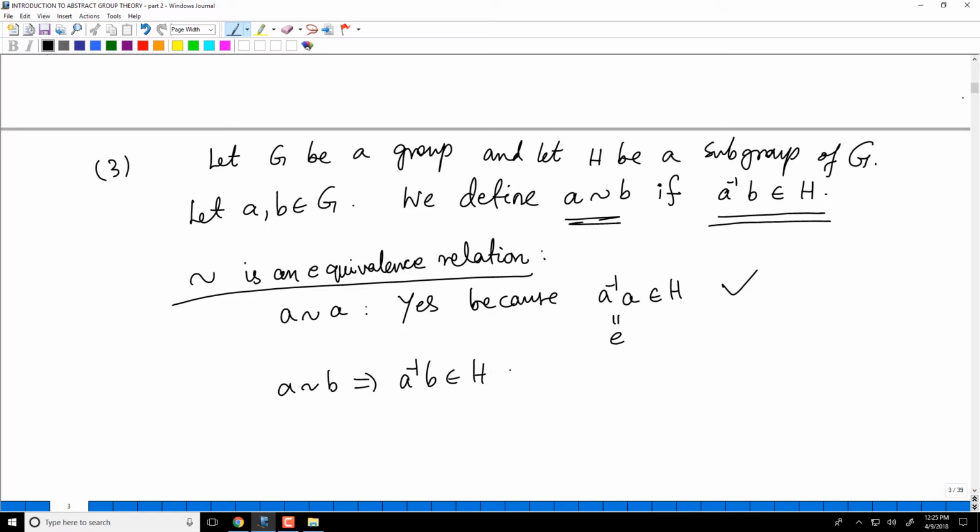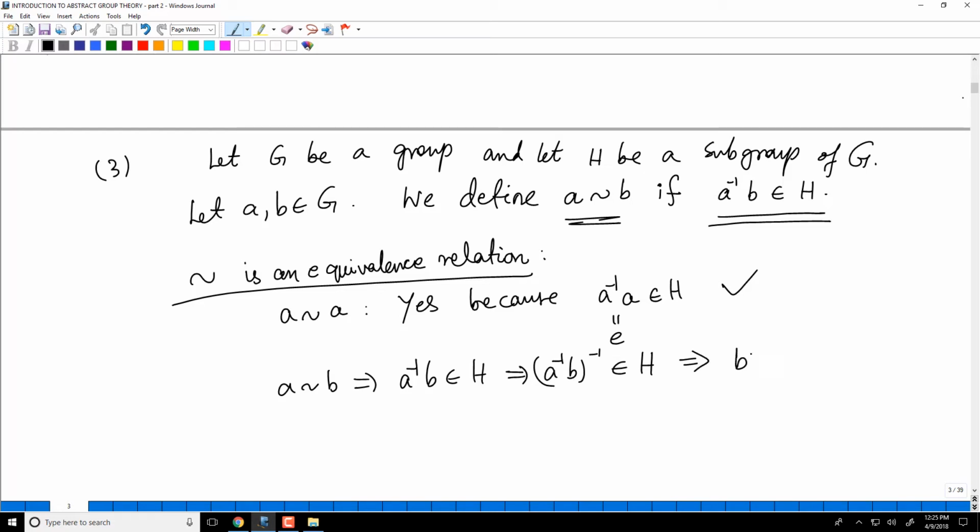If A is related to B, that means A inverse B is in H, by definition. But because H is a subgroup, A inverse B whole inverse is in H. Anything in H contains its inverse also. What is A inverse B whole inverse?